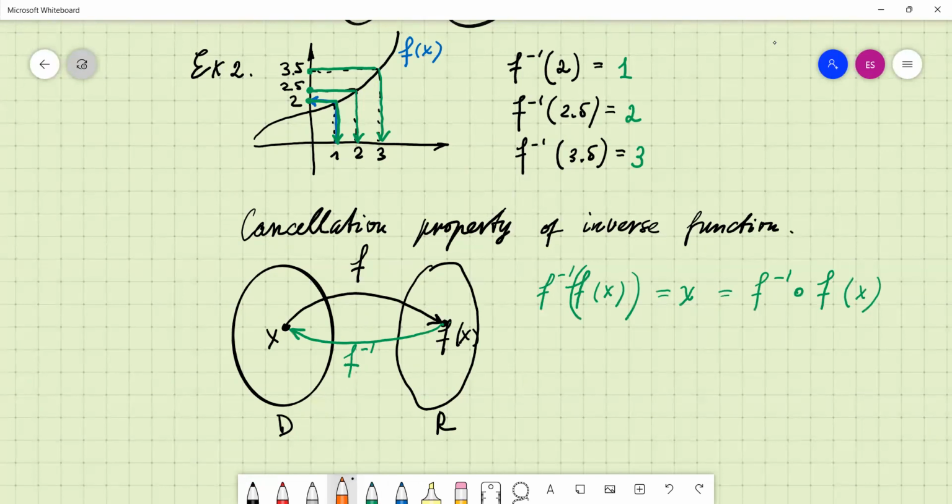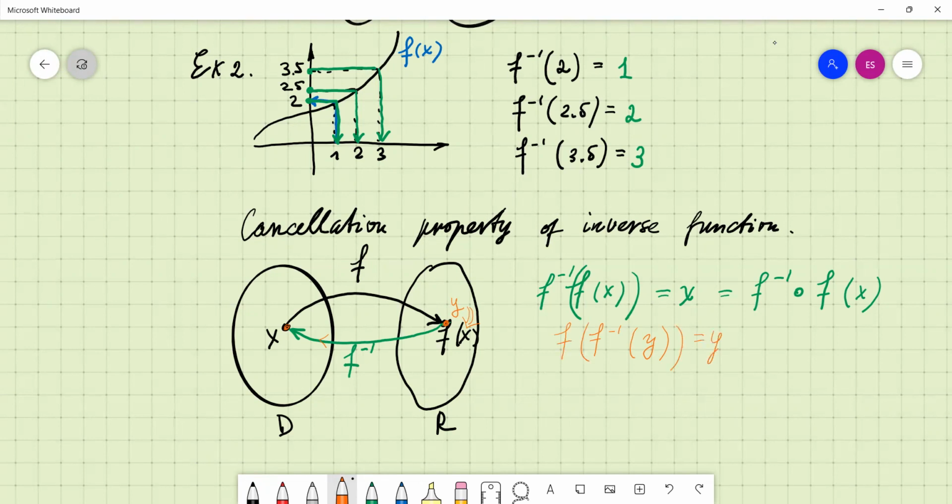Imagine that you start with this point, and first you apply the inverse function and get to x, right? You go in this direction. So you take f inverse of, well, I'm going to label this point as y, just to have some letter. And then you go from x and use the direct function on top of this. Well, you're supposed to go back to y again.